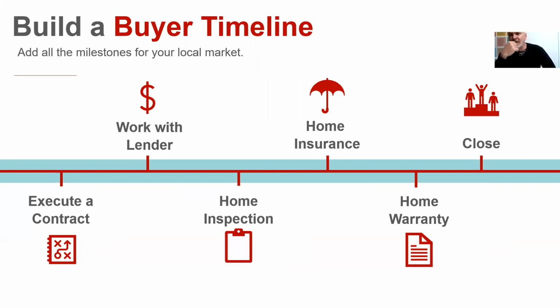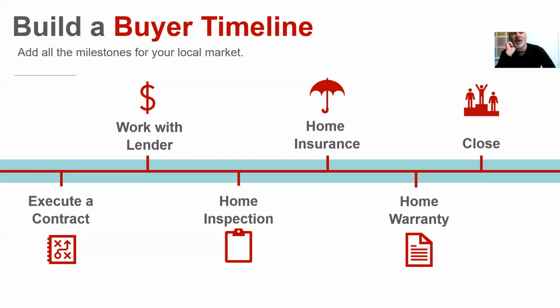Can anyone tell me what is entailed in a fully executed contract? What connotes a fully executed contract? You just need completed signatures from both the buyers and sellers, correct? Yeah.